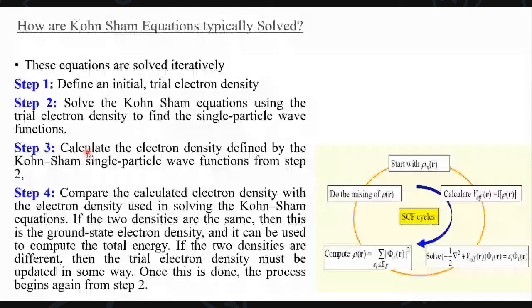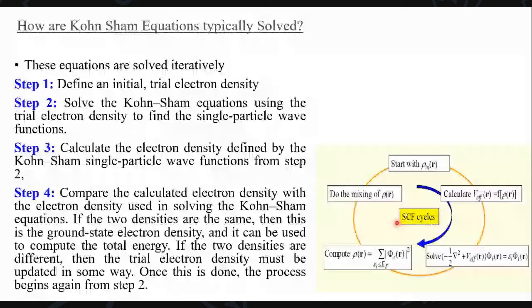And then in step 4, this new electron density is compared with the initial electron density. Now, if the new electron density is similar to the electron density which was used at first, then we can say that this is the ground state electron density. But if there is a difference between the new electron density and the initially used electron density, then another iteration is performed in a similar way.